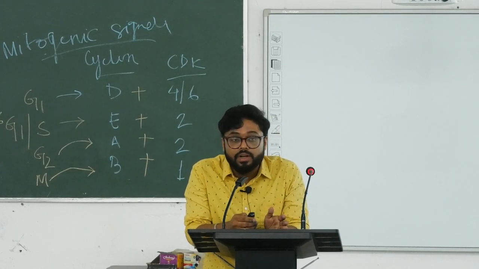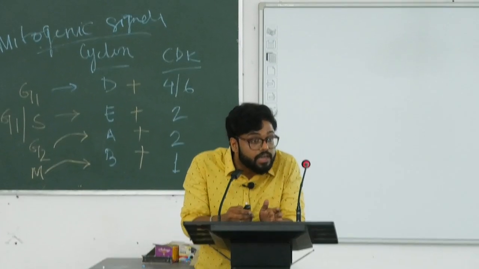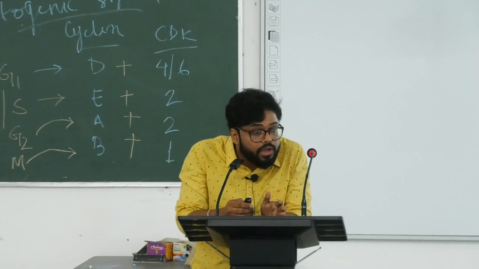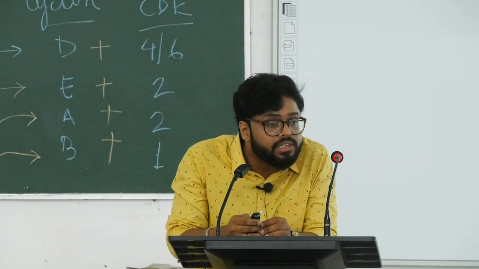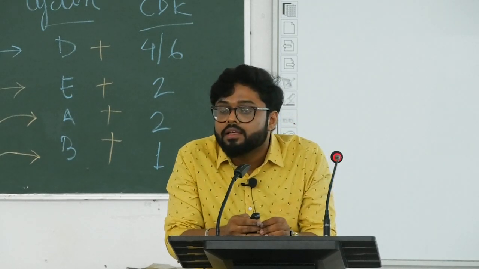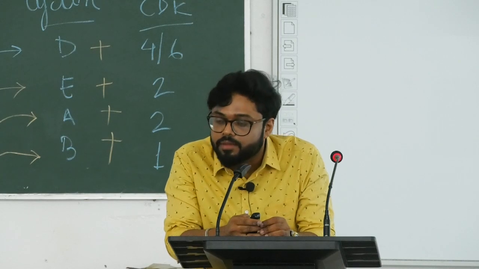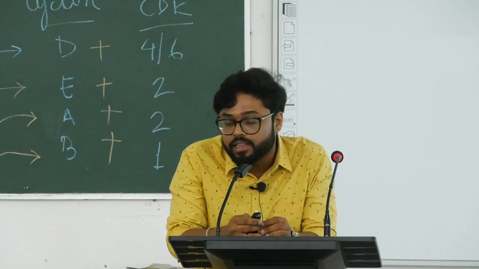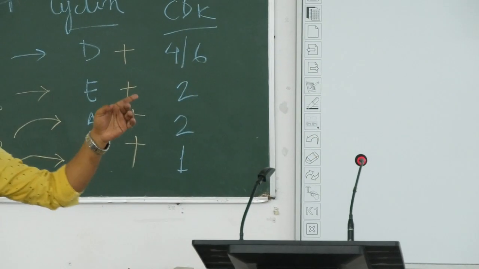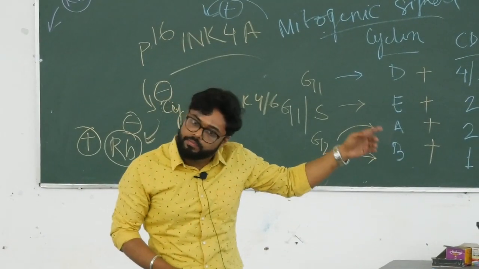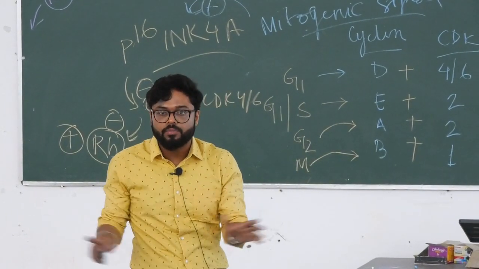What are the important structures of protein? Primary, secondary, tertiary structure. Protein folding occurs at what stage? At the secondary. So the normal function of chaperones is causing normal protein folding.